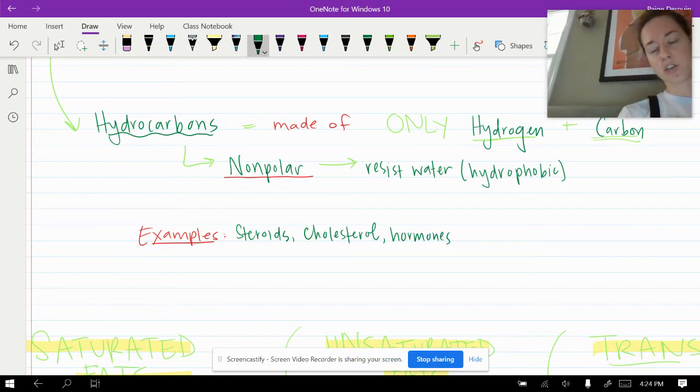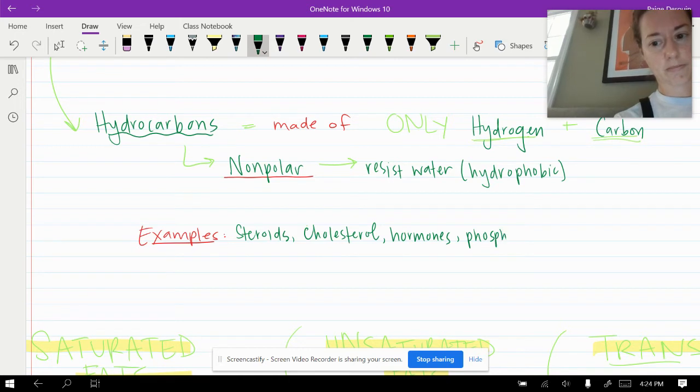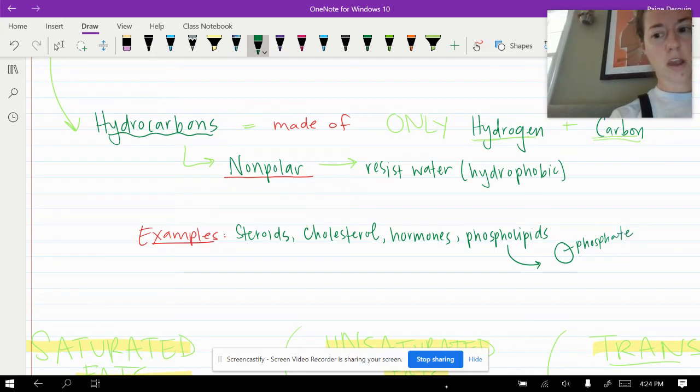Estrogen and testosterone are actually lipid-based hormones, and phospholipids. Phospholipids look like little jellyfish. They have a phosphate head and they have lipid tails.